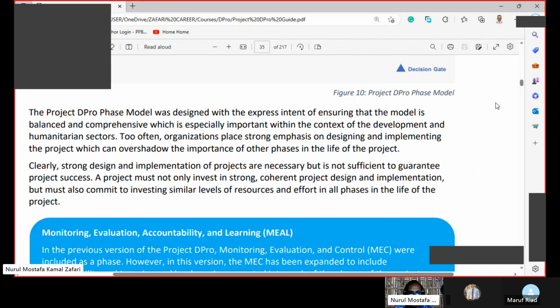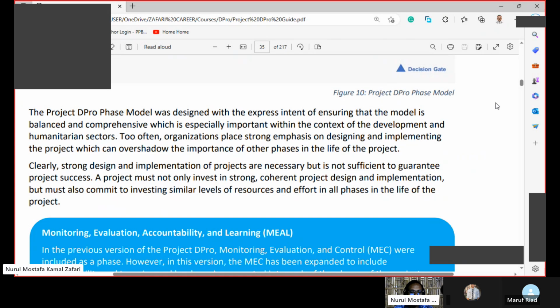The Project DPro phase model was designed with the express intent of ensuring that the model is balanced and comprehensive, which is especially important within the context of the development and humanitarian sectors. Too often, organizations place a strong emphasis on designing and implementing the project, which can overshadow the importance of other phases in the life of the project.